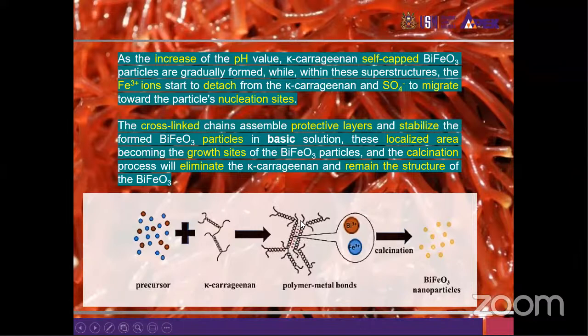When they have these nucleation sites, the cross-linked chains will assemble as a protective layer. They will arrange themselves like this and stabilize the form of the particles inside, in a basic solution. These localized areas become the growth sites, and when the calcination process occurs, it will eliminate all the organic materials of the kappa carrageenan and leave the structure of the bismuth ferrite nanoparticles.